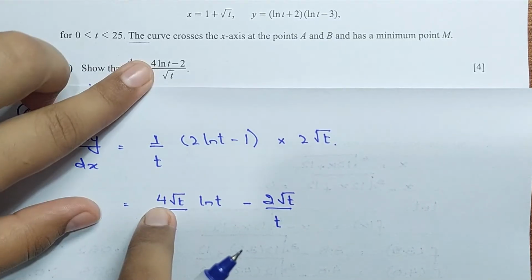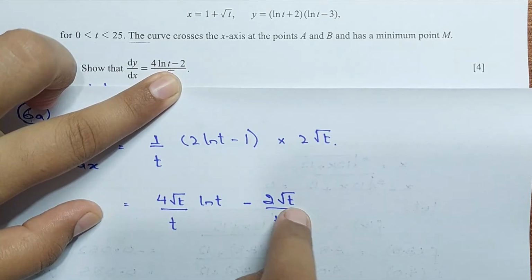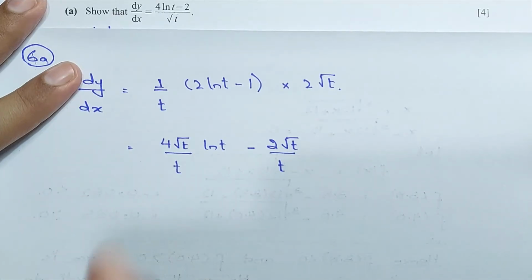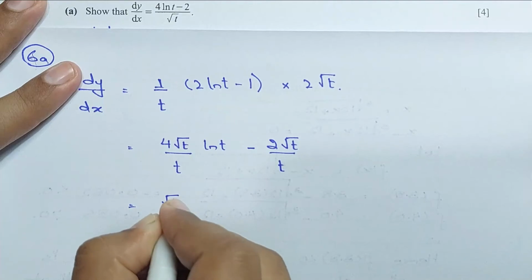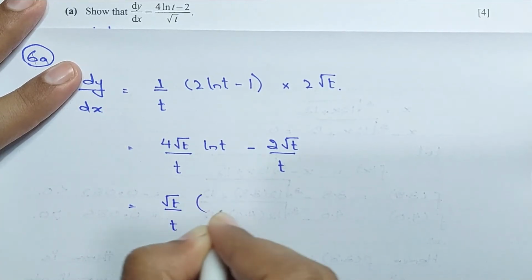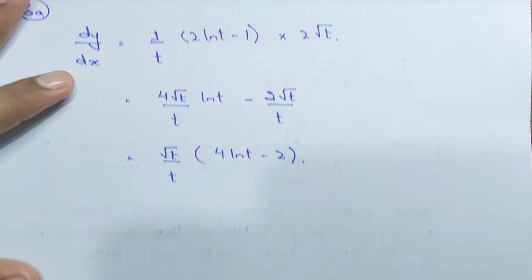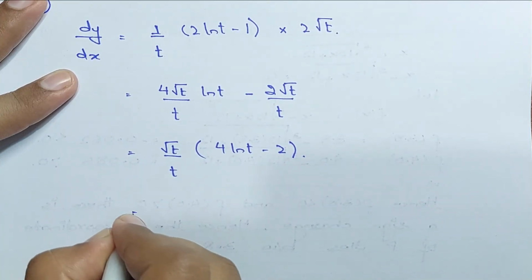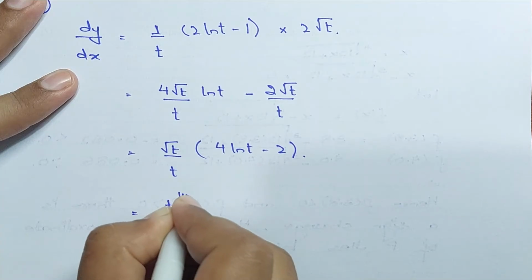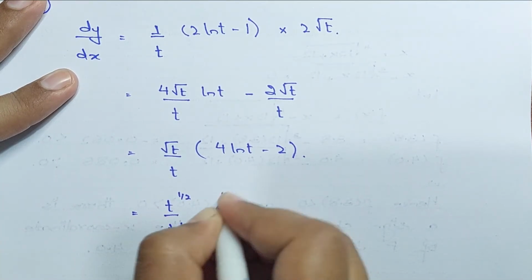Okay, so for 4 ln t and minus 2, we have to take root t common. Okay, so root t is common and divided by t is common. This is 4 ln of t minus 2. Okay, so we can just simplify. So here the t power is 1 by 2 and here the t power is 1.